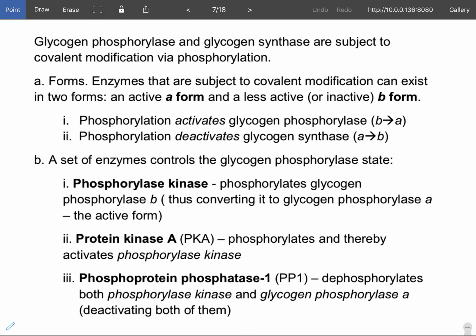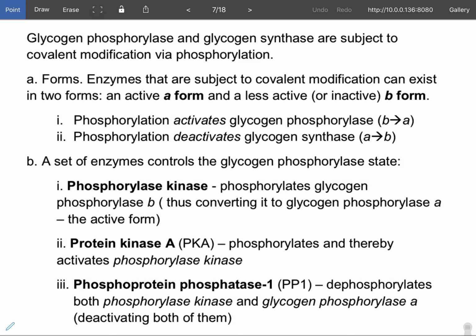And so these two enzymes are subject to phosphorylation, as I mentioned, and we need to identify and define forms of covalently modified enzymes. And so we're going to say that these enzymes in general can exist in two forms. There's an A form that is the active form, and a less active or inactive form, that's B. So A is active, B is inactive or barely active, if you want a mnemonic there.